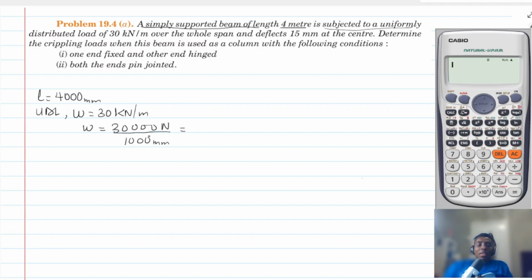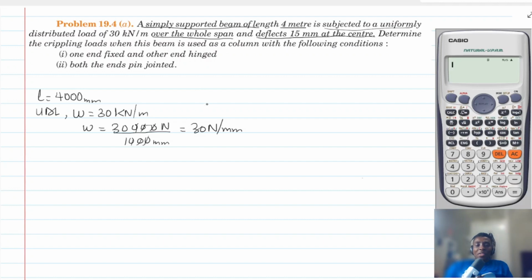So in actual fact, we end up getting what? 30 newton per millimeter. Yeah, so that's basically the UDL over here. But it says that this is over the whole span, and then it deflects 15 millimeters at the center.